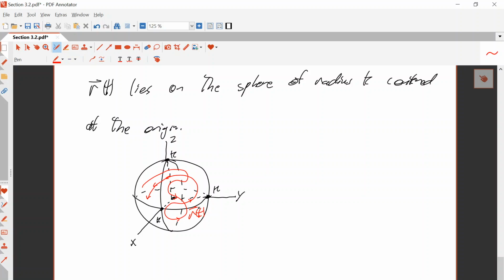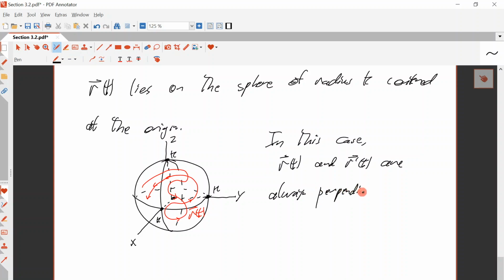In this case, r of t and r prime of t are always perpendicular. Right?